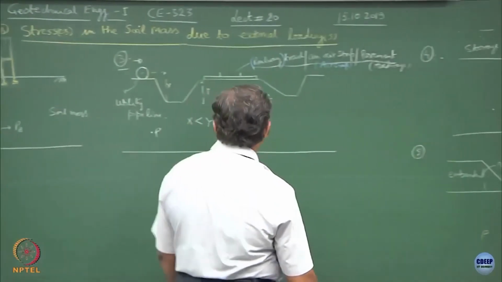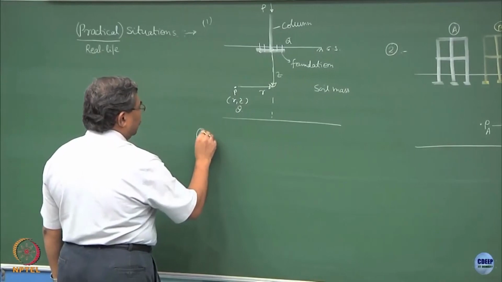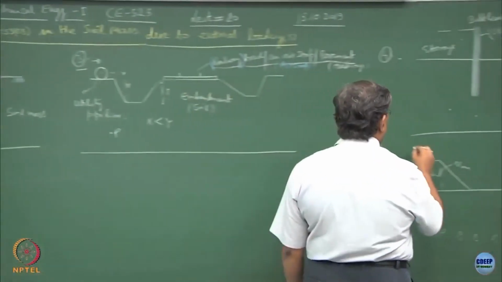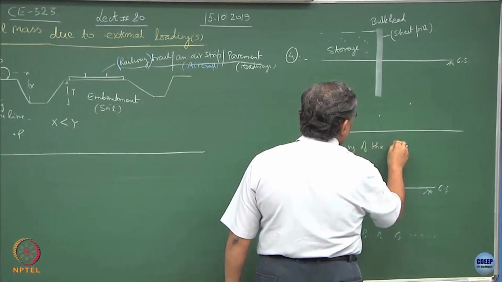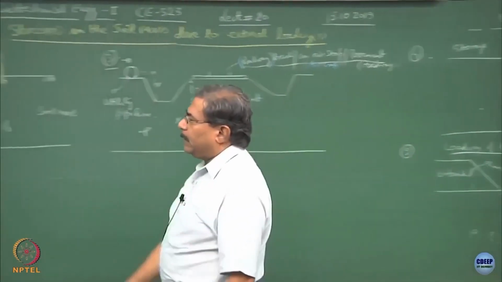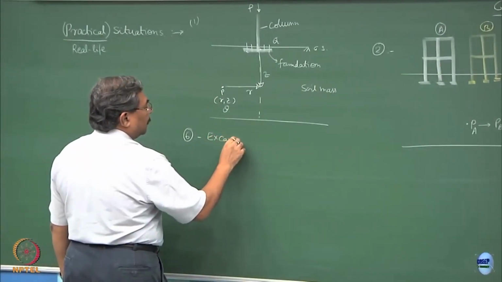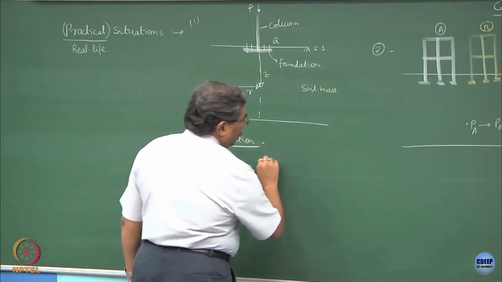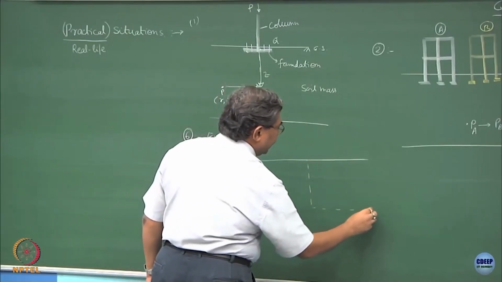There could be another situation where we might be doing excavations. So, this is let us say the loading of the soil mass, and this could be let us say excavation. I would like to excavate the soil and I would like to create a facility like this.